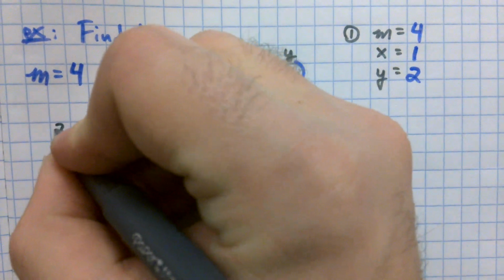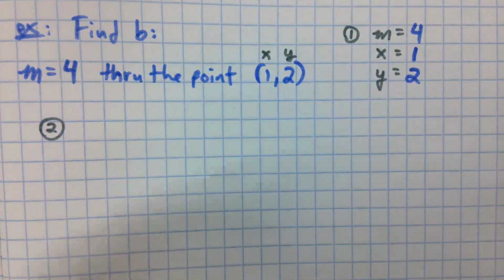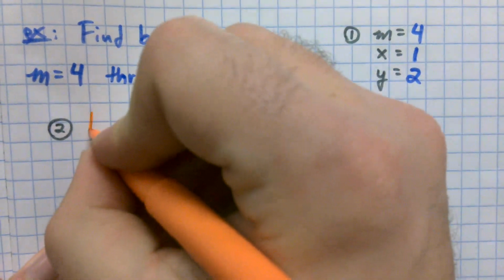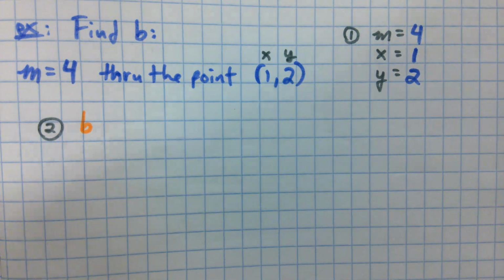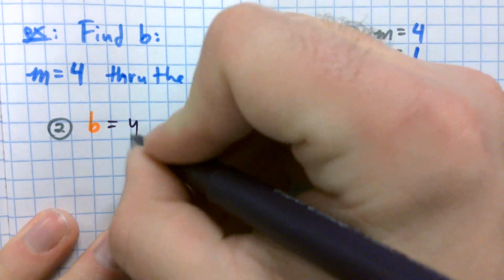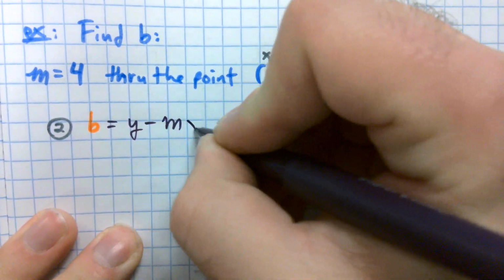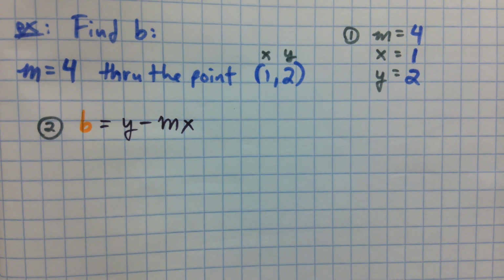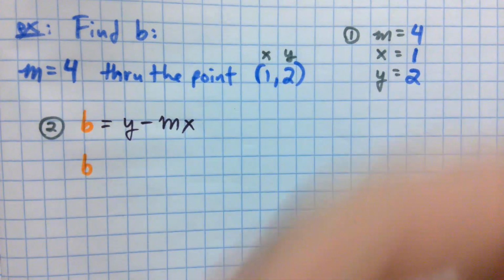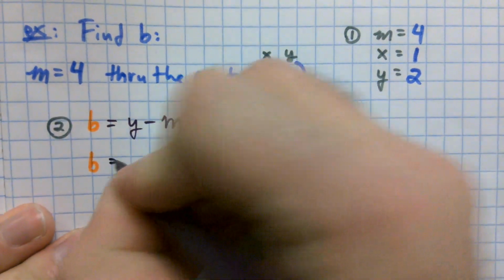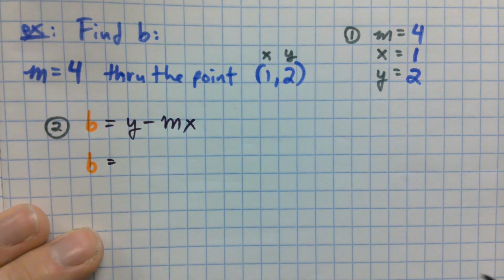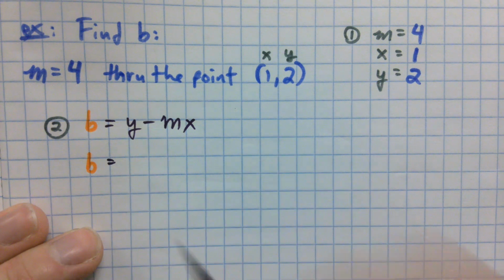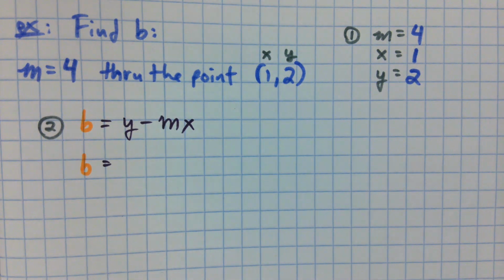Now we have to plug them in. We know that B is equal to Y minus M times X. B is going to stay the same. What was my y equal to again? 2.